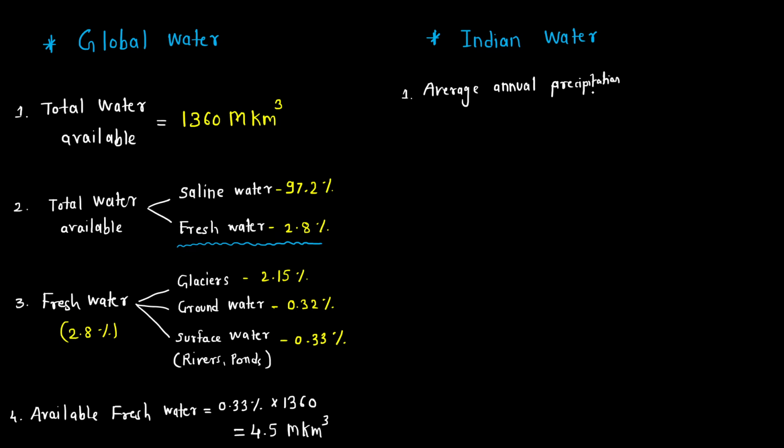We have understood what precipitation is. You can just imagine it as rainfall in case of India. Then what is the meaning of annual? That is yearly. So if we take the average of yearly rainfall, yearly precipitation, then this value for the Indian context is 119.4 centimeter. So you just write it down here.